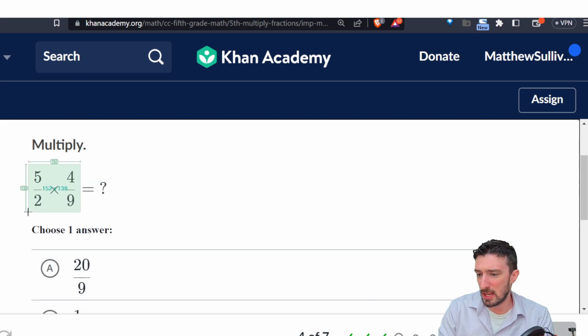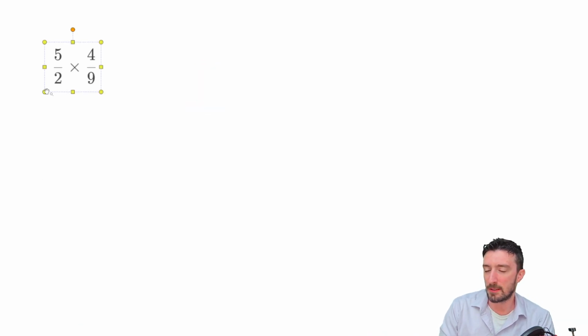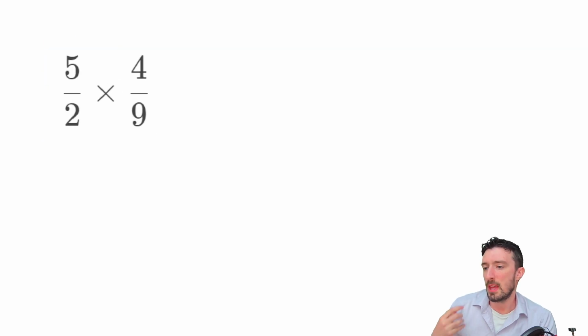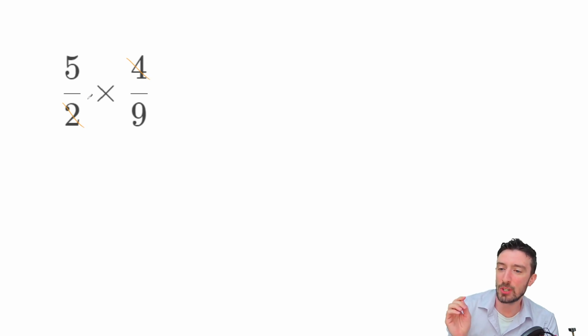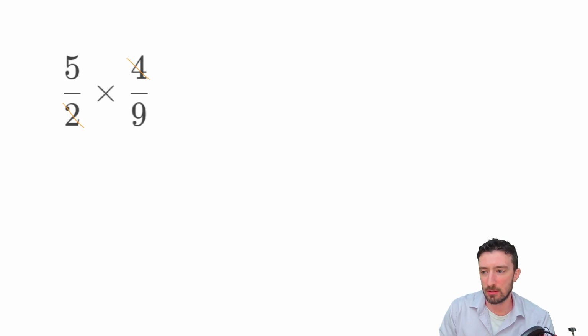In this one, it's something that I wanted to get to because you can't cross out the 2 and the 4, but you can reduce the 2 and the 4. Now in this case, you can just do 4 divided by 2, and that just gets you 2.